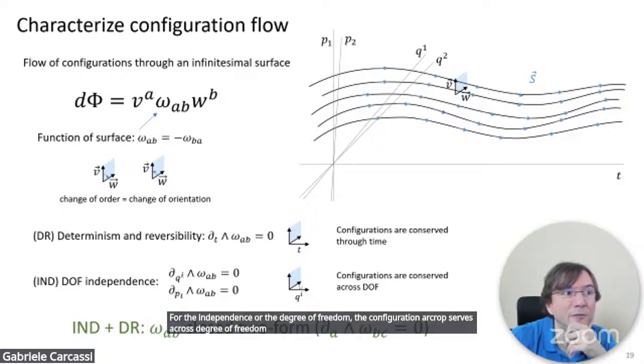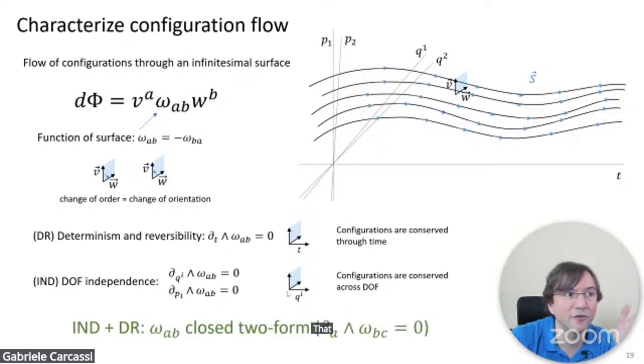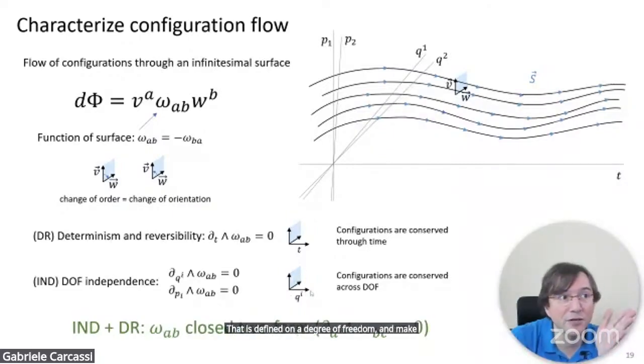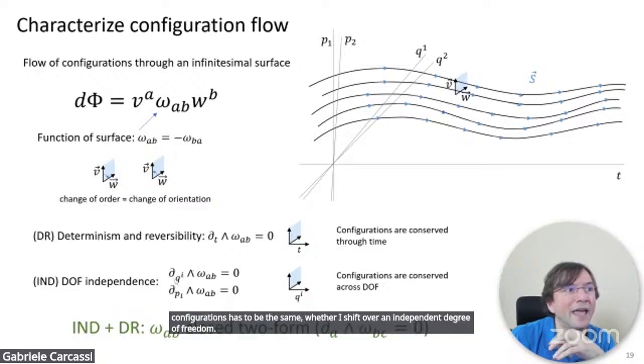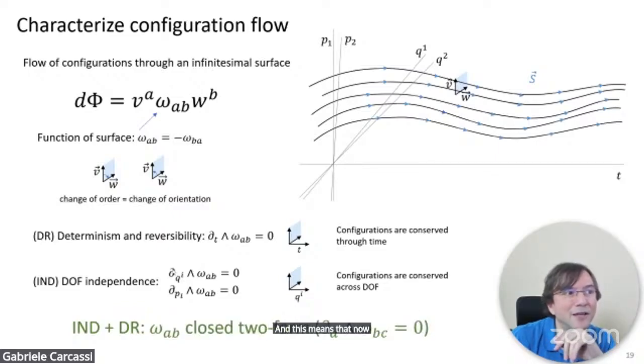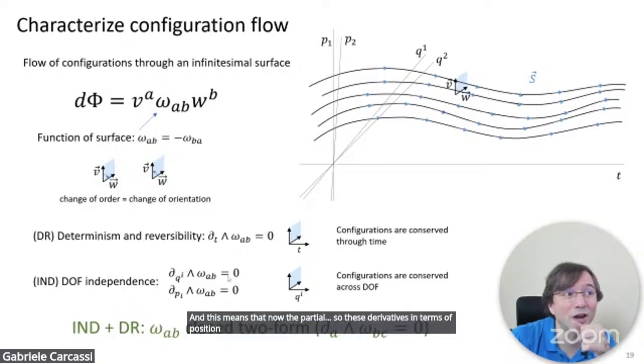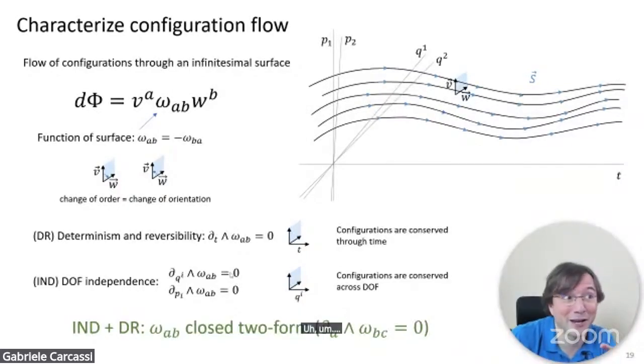So if I have a little bit of an area that is defined on a degree of freedom and make a modification, then those configurations have to be the same whether I shift over an independent degree of freedom. And this means that now the partial derivatives in terms of position and momentum are also going to be 0.